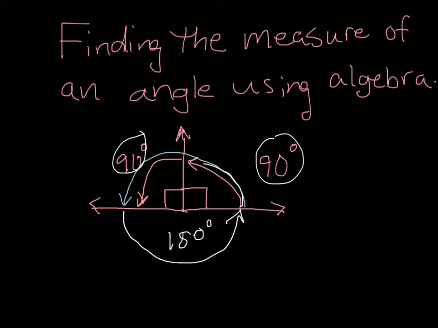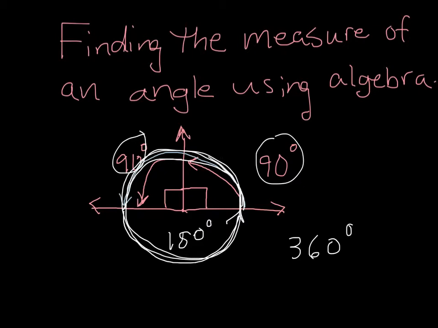So what does that mean a full circle is? Well, hopefully you said it. That would be 360 degrees. A full circle is 360 degrees. And 90-degree angles are these here.